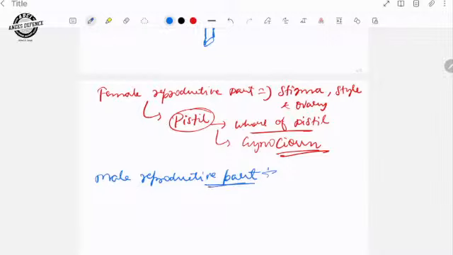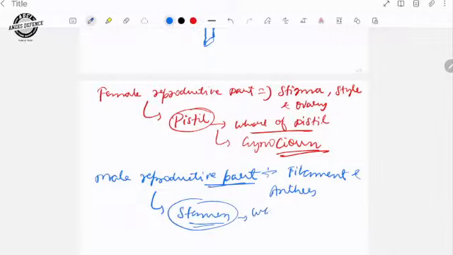Male reproductive part is filament and anther. This filament and anther are termed as stamen. Stamen is the male reproductive part.